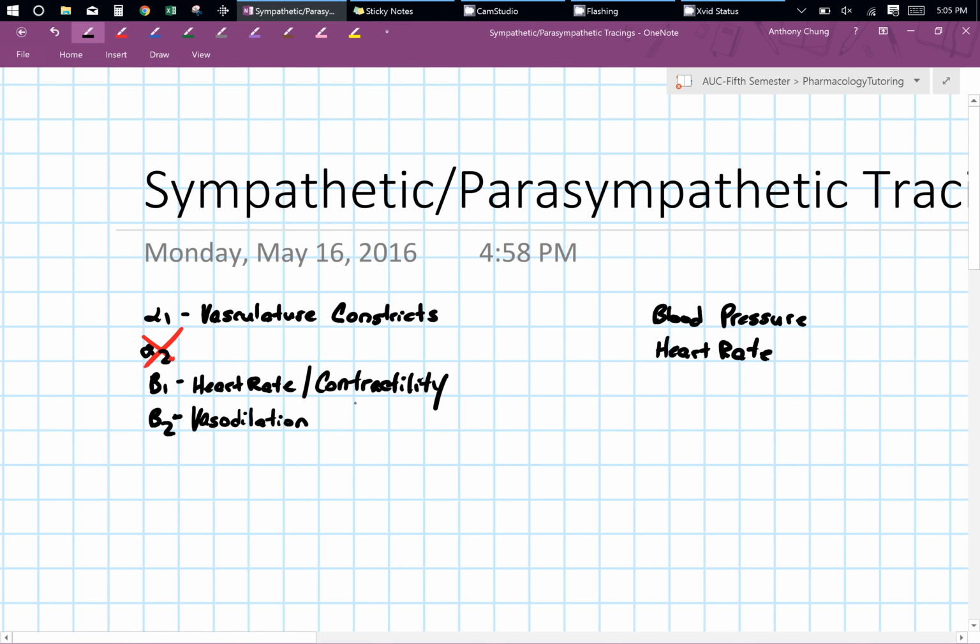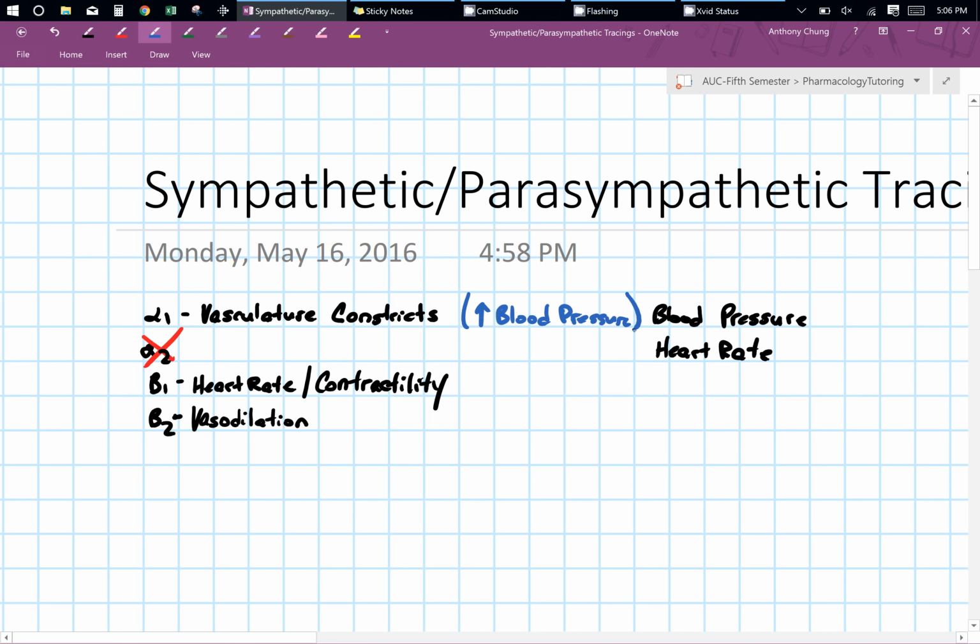But let's take it a little further. Alpha 1 is going to be increased blood pressure, right? Because you're constricting. And then beta 1. What does that do? Does that increase blood pressure? Oh, okay, so it will increase.